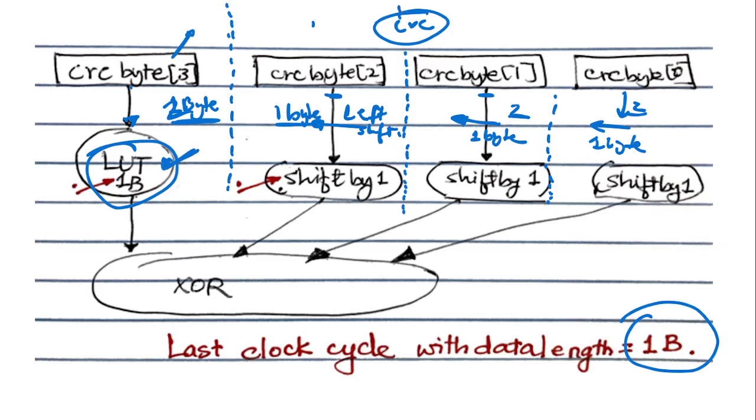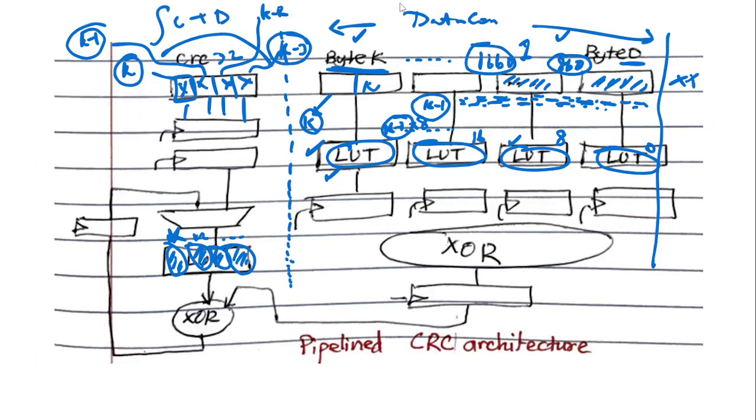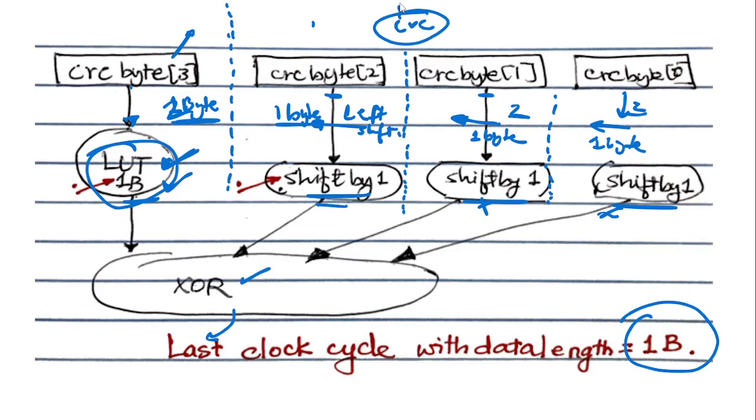If only 1 byte, then only the highest MSB gets a lookup table, and everything else gets a shift by 1. If there are 2 bytes, this gets a lookup table, this gets a lookup table, and these two are just shifts, and so on and so forth. So hopefully you got that, and then you XOR and keep going the same way. That's just like our previous cycle, right? So you do this. Okay.